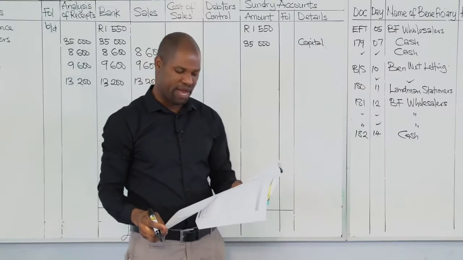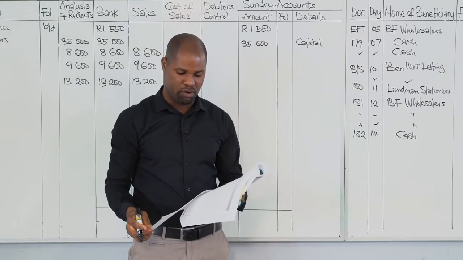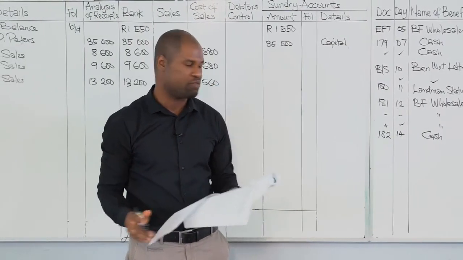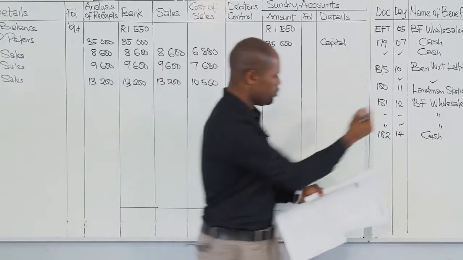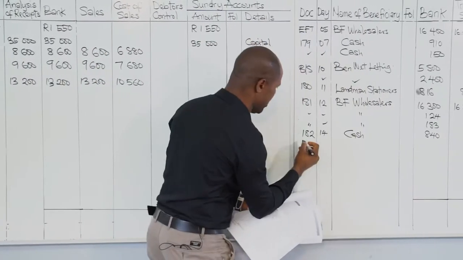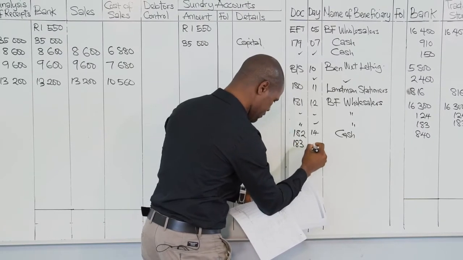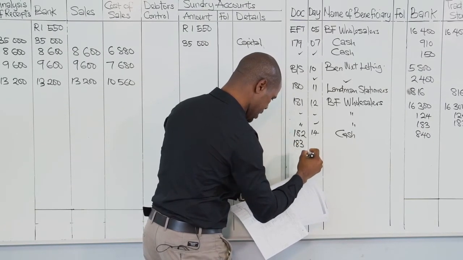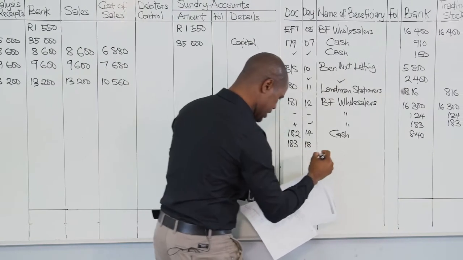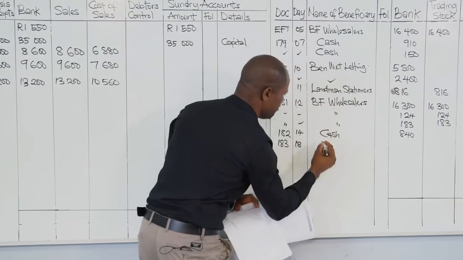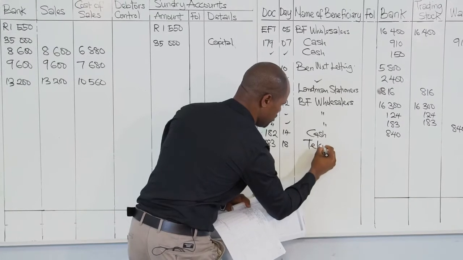On the 18th, he issued a check of 183 to Telcom for the payment of the telephone account. That is also a payment, so we are still dealing with the payment side. The check is 183 on the 18th, and it is meant for Telcom. The beneficiary is Telcom, so you write Telcom here.